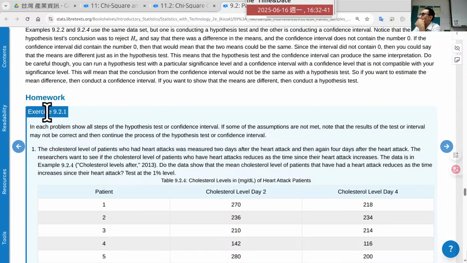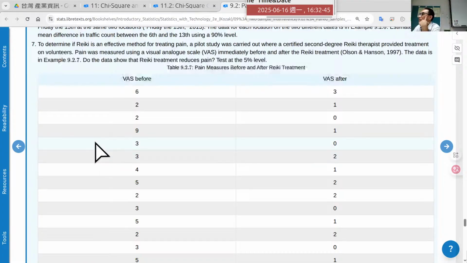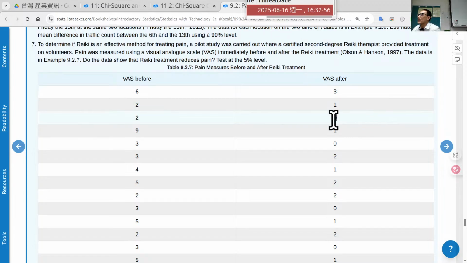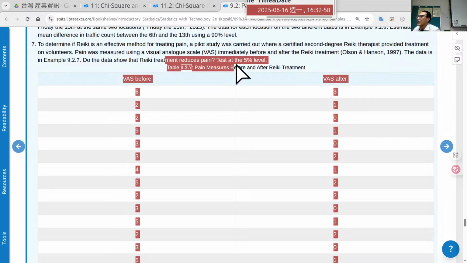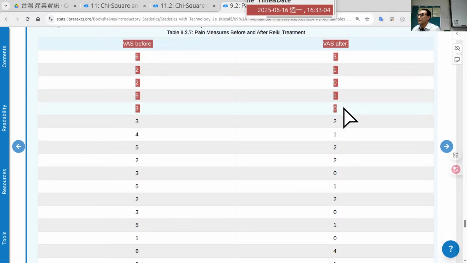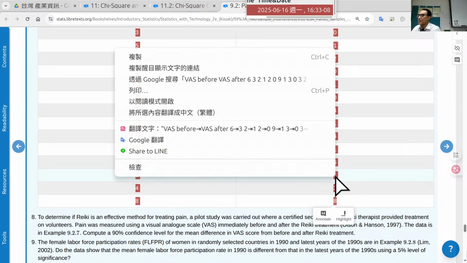Homework exercise, question number 7. To determine if Reiki is an effective method to treat pain, a pilot study was carried out, and so on. Please check it and test at 5% level. Please check this one. And copy.